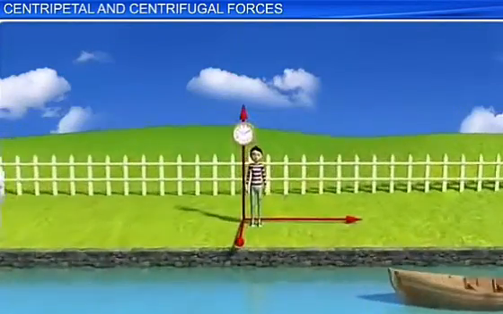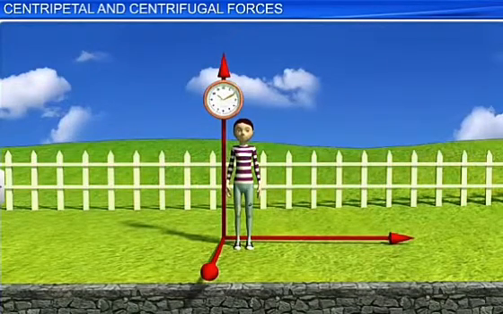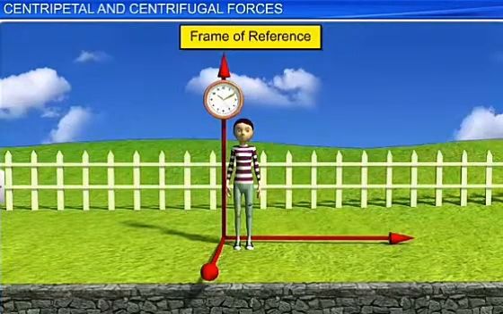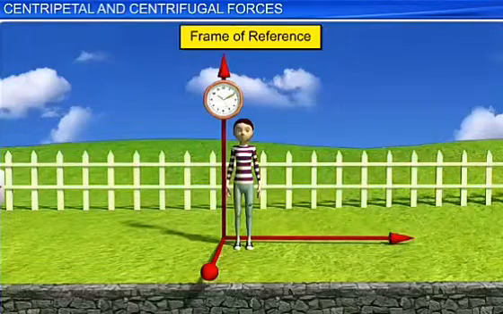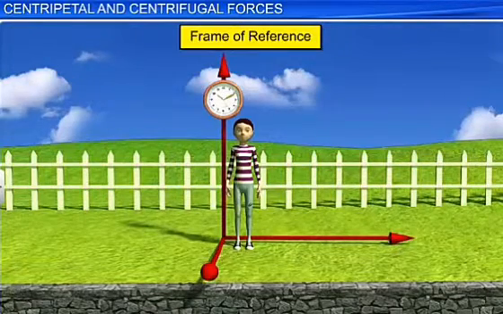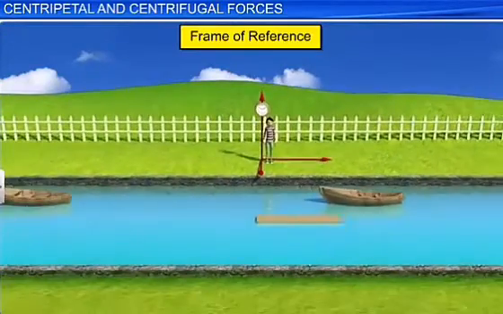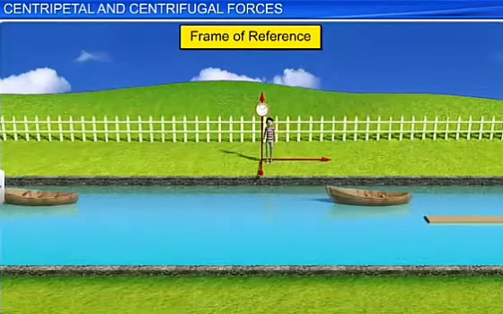A coordinate system fixed to the observer with a clock attached is called a frame of reference. In this case, Sarita is the observer. The observations made by Sarita will depend on the motion of her frame of reference.